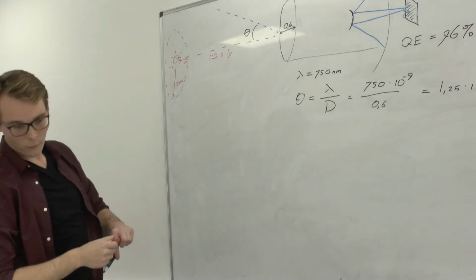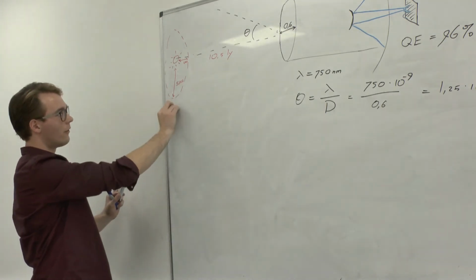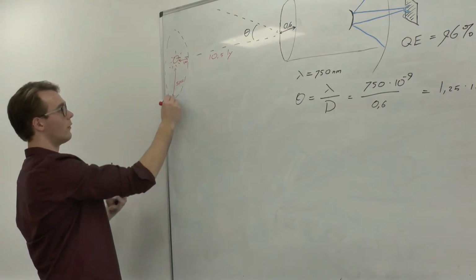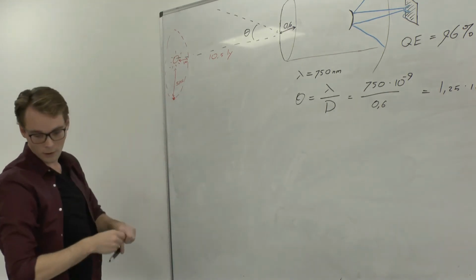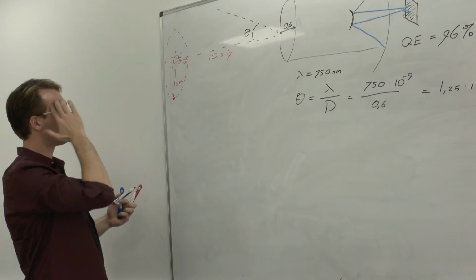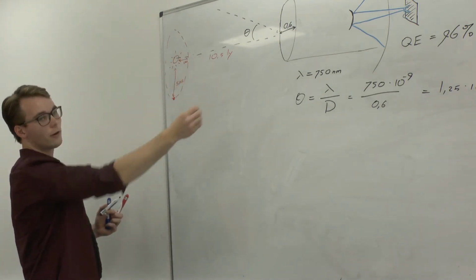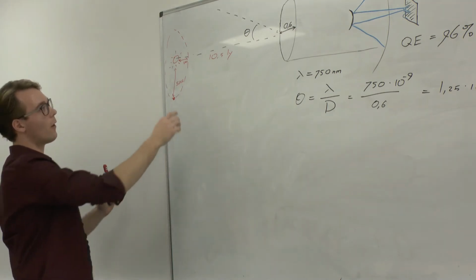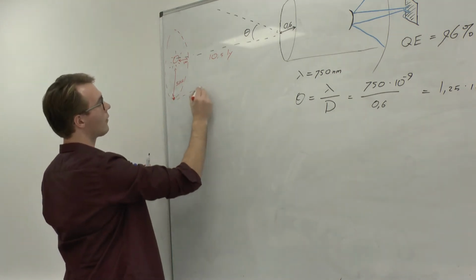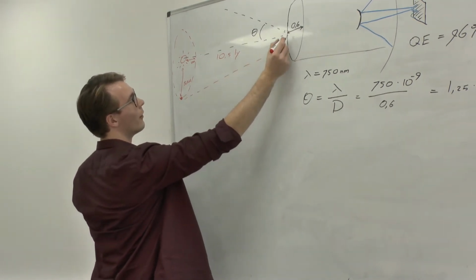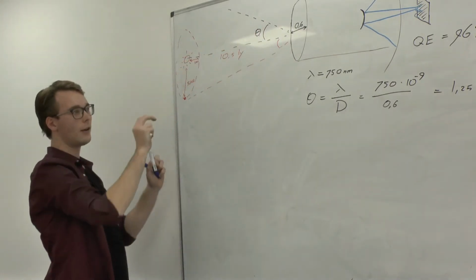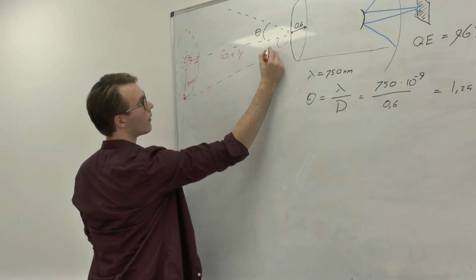Then, will you be able to actually resolve the star and the planet individually using this telescope? So, in order to calculate that, you want to know what the angle is that you're going to see from Earth between this star and that planet, and then hope that that angle is going to be more than the angle that gives you the minimal angular resolution of your telescope.